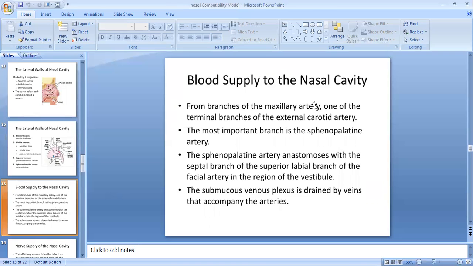The blood supply to the nasal cavity is branches of the maxillary artery, which is one of the terminal branches of the external carotid artery. The most important branch is the sphenopalatine artery. The sphenopalatine artery anastomoses with the septal branch of the superior labial branch of the facial artery in the region of the vestibule. The submucous venous plexus is drained by veins that accompany the arteries.